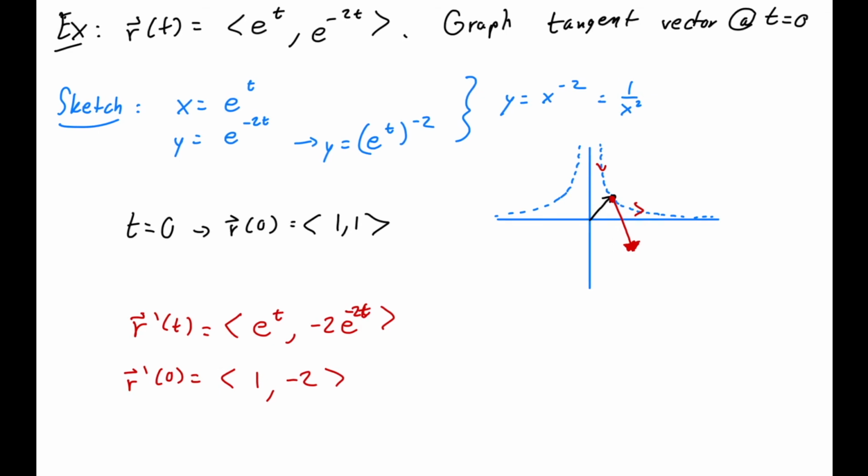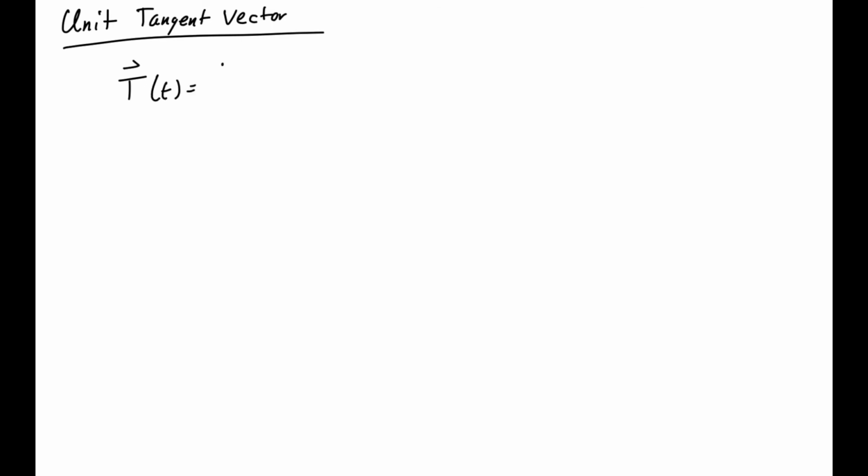So we're now going to turn our attention to a different kind of tangent vector, specifically the unit tangent vector. These look like always T. What is a unit vector?